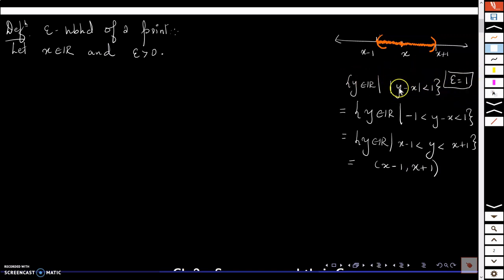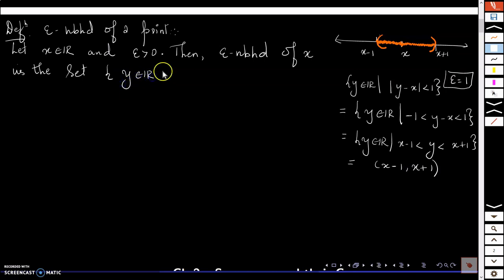One neighborhood means I'm looking at all the points which are at a distance less than 1. So in general, if x is any real number and epsilon is positive, then the epsilon neighborhood of x is the set of all real numbers y such that the distance between y and x is less than epsilon, right?